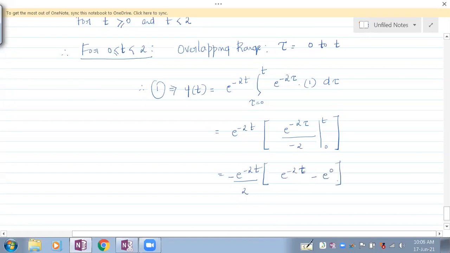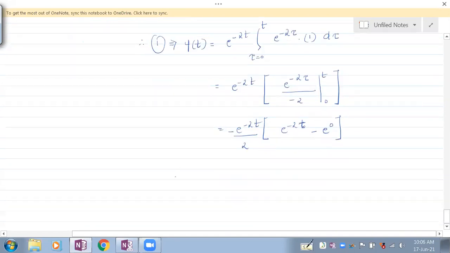Therefore, y of t would be e power minus t by 2 into 1 minus e power minus 2t. This is how things look for t greater than or equal to 0 and less than 2.